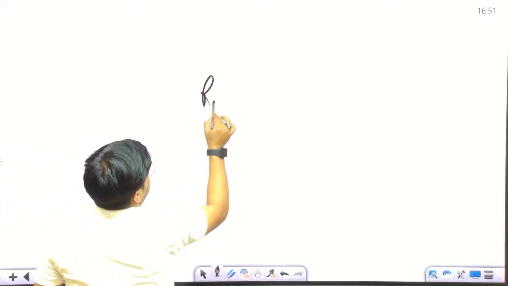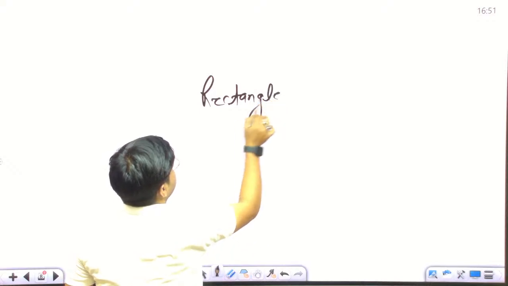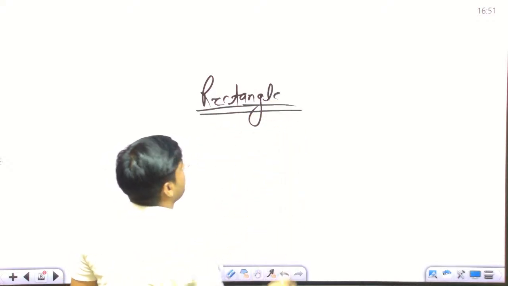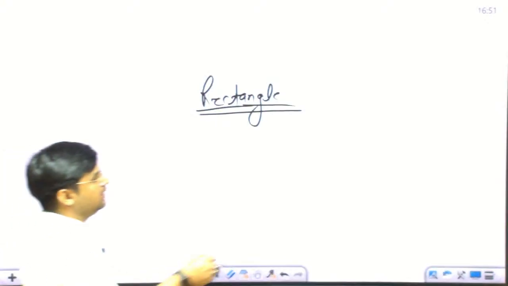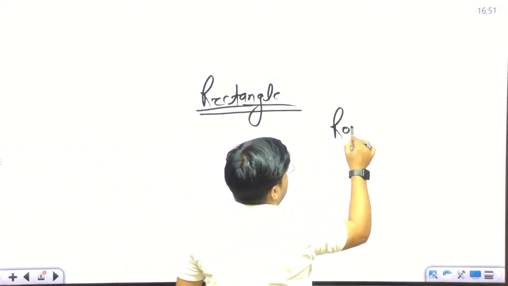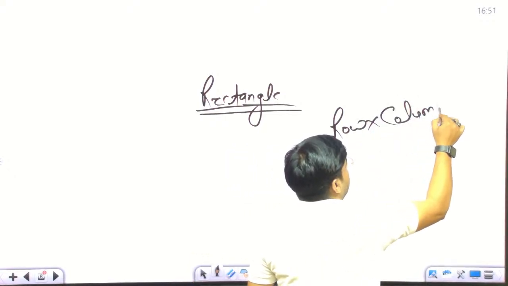Let's talk about rectangles. For rectangle counting, we have to do row into column.